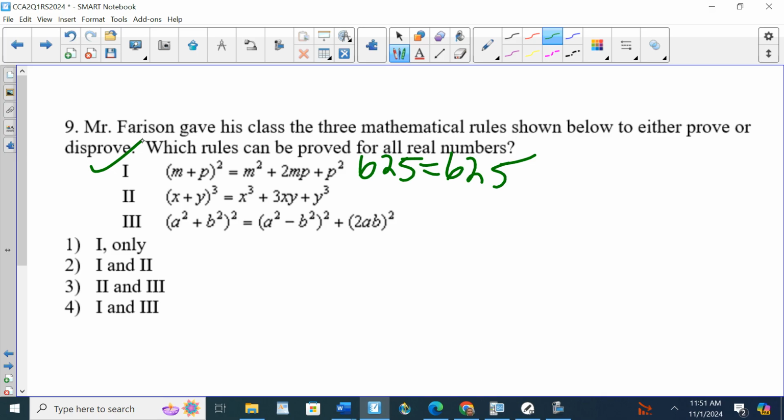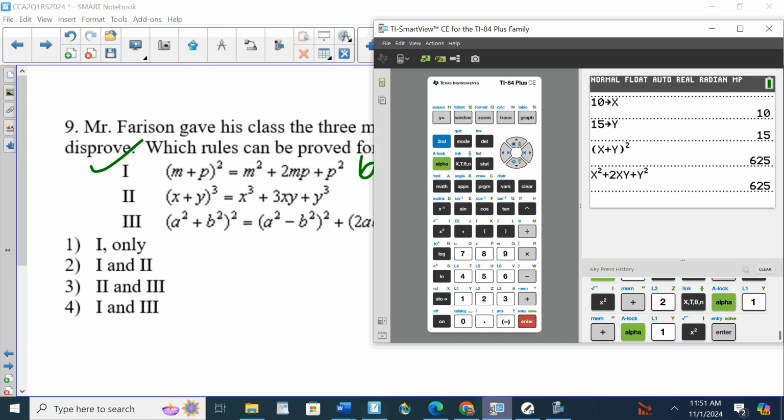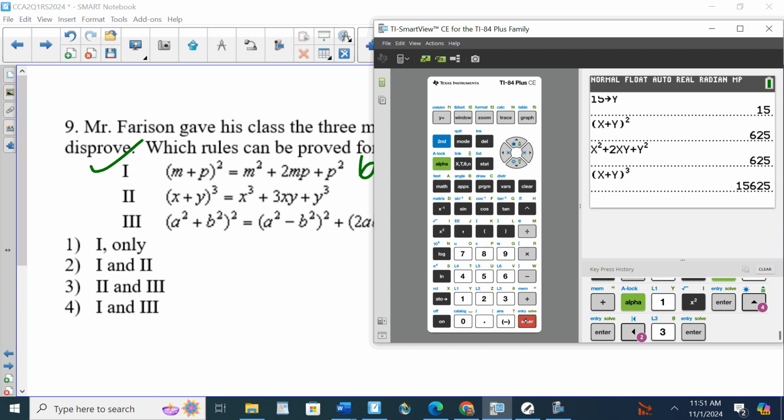Choice 2, I've got x plus y cubed. I could just copy and paste the x plus y squared and change it to cubed. This is very similar to the previous one, I have to make all the 2's into 3's. X to the third plus 3xy plus y cubed, 4825.